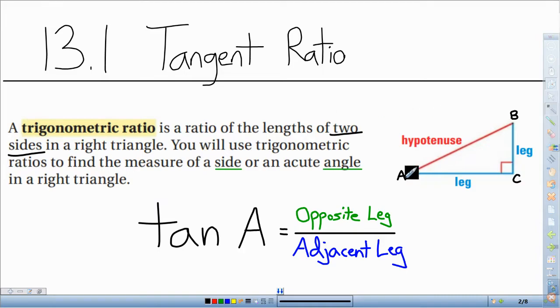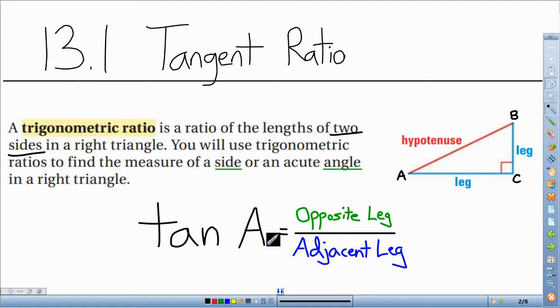So here is what the tangent ratio looks like. The tangent ratio is opposite leg over adjacent leg. Let me just point out a few things here. First things first, we shortened tangent into just tan. This A represents the angle we're going to be looking at.